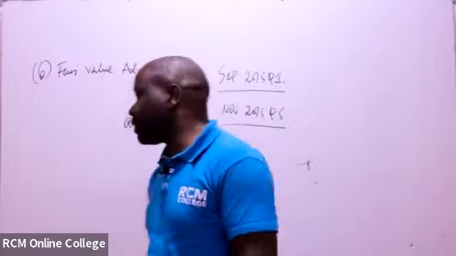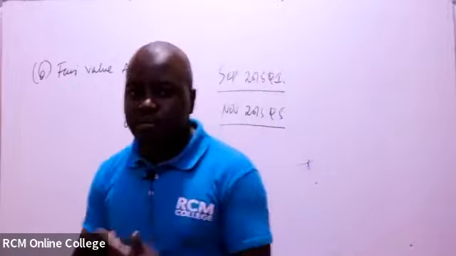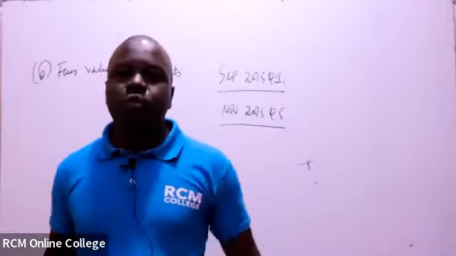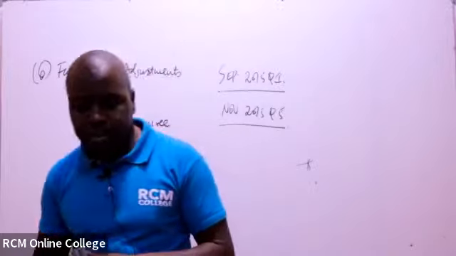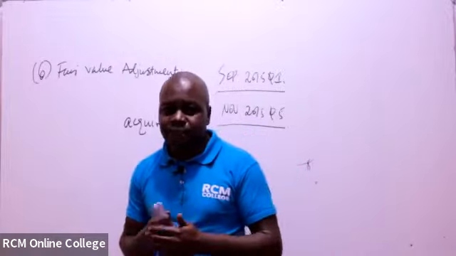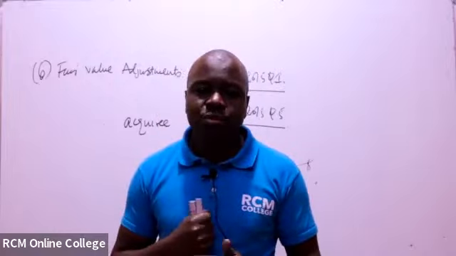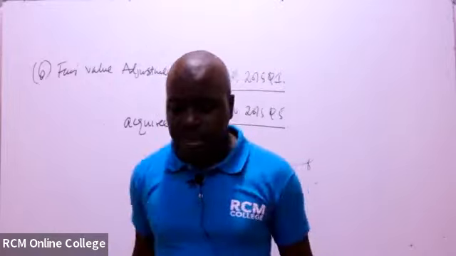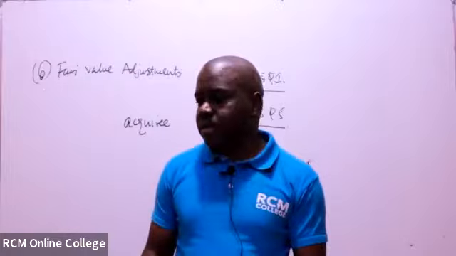Once we are through with this one, we'll go through the other ones very fast. Hopefully by the end of this month, God willing, we should be through with the syllabus. We should be starting block revision by the first day of August. We'll see what will happen before then. So I think that's it.